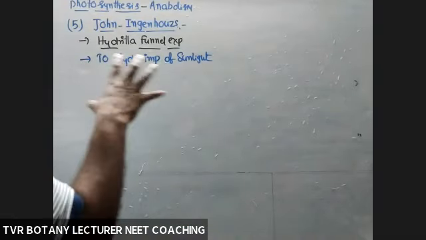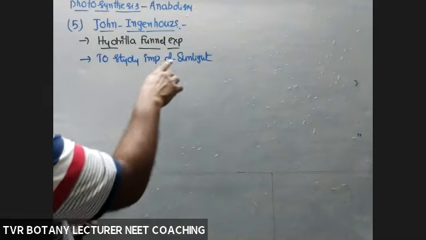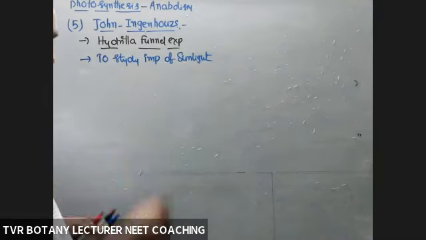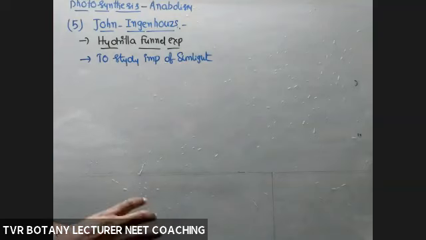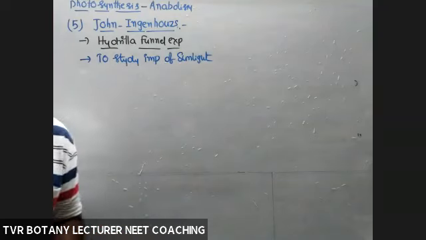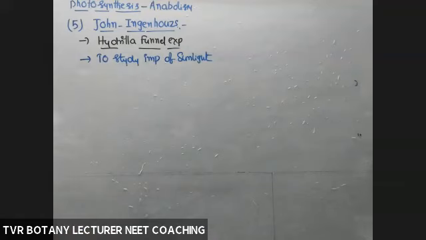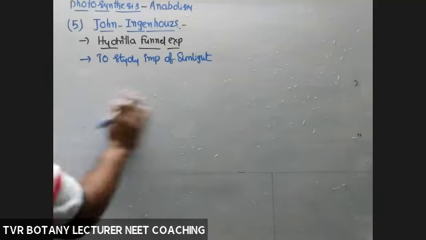So what was the main objective of Ingenhousz? To study the importance of sunlight in a particular process. Nowadays, we call that photosynthesis, by means of which the plant is able to purify the gas fouled by breathing animals and burning candles. That was the main objective.